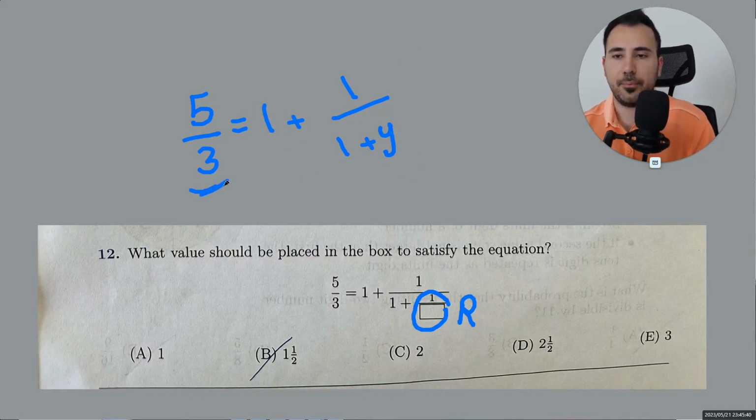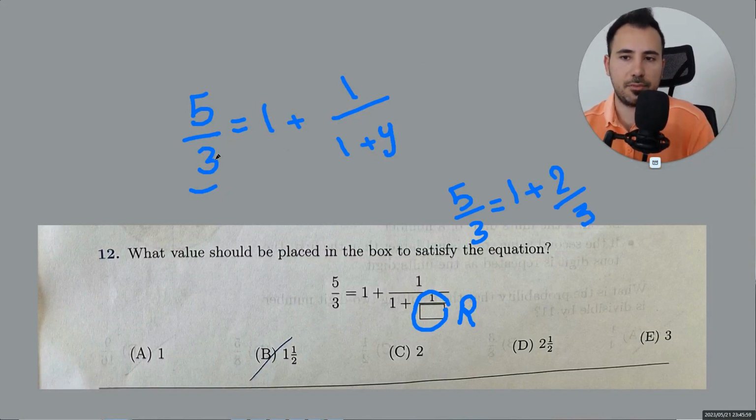Instead, okay, I'm going to remove 1 from here and then add 1 from here. So we know that 5 over 3 is the same as 1, which is 3 over 3, plus 2 over 3, right?